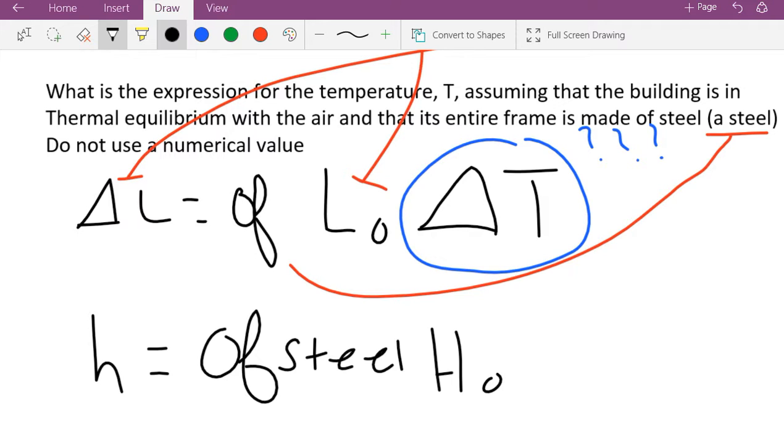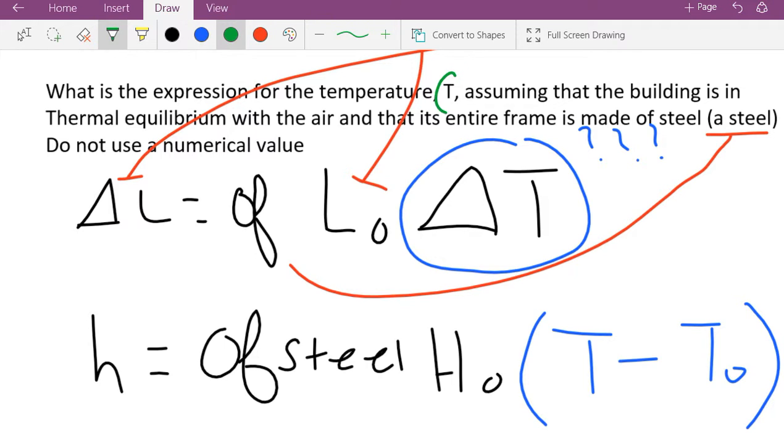So we're going to have t minus t naught, because remember, all that is delta t, the change in temperature, and it's asking for the final temperature. So this is what it's asking for right here. That looks like a mess, but it makes sense.